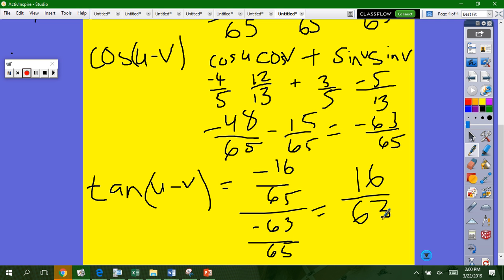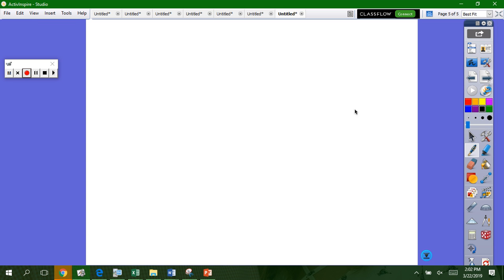Negative over a negative is a positive. I apologize, I just thought it was negative. Do you understand why I don't know the tangent equations? A lot of times you're going to find the sine and cosine anyway, so why know the tangent? Okay? So now we're going to go on to this problem.